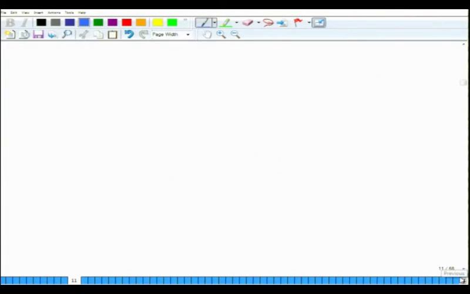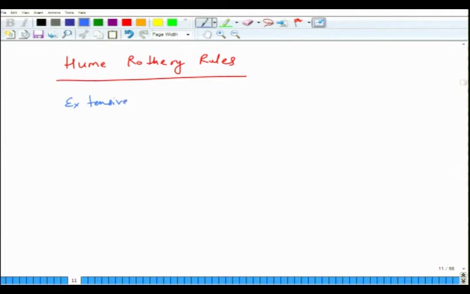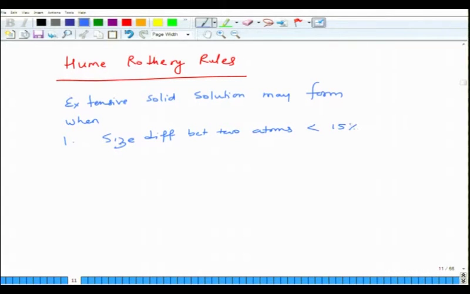So, there are certain guidelines which are called the Hume-Rothery rules, which say that extensive solid solubility may form when, number 1, the size difference between two atoms is less than 15%.